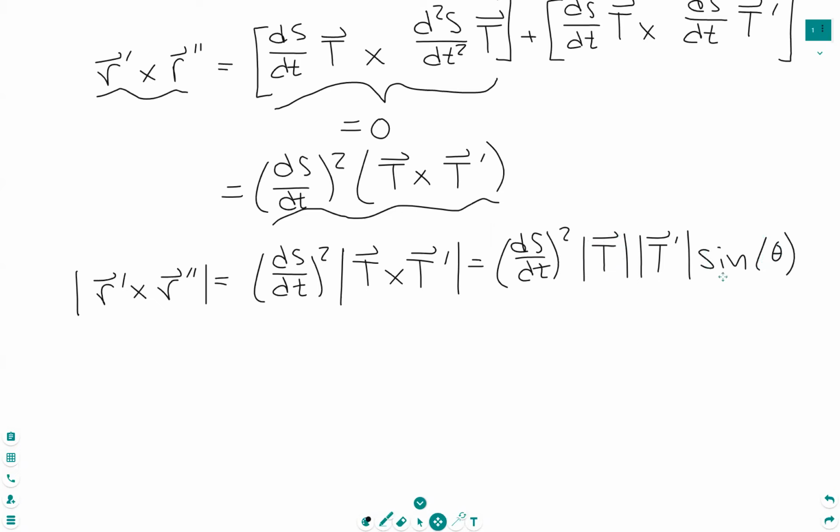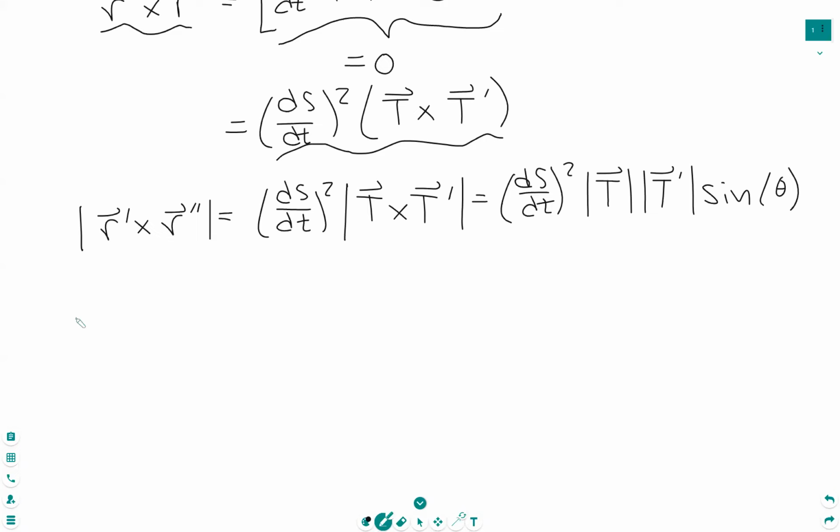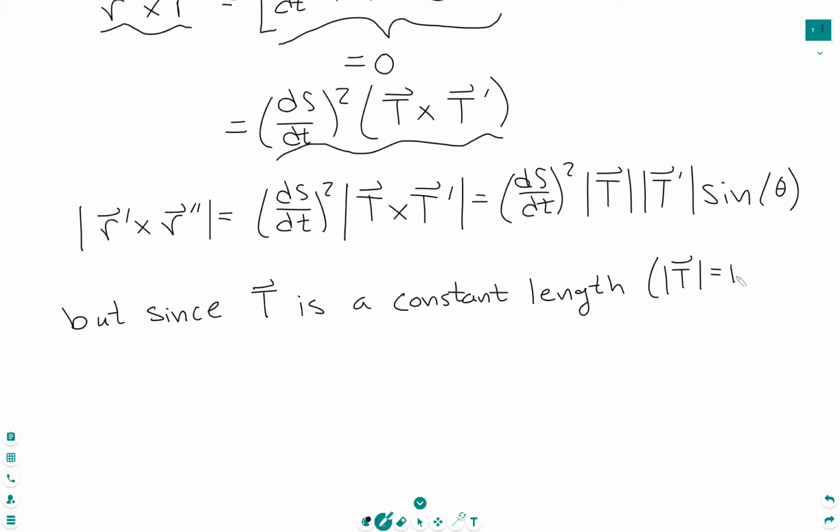We also know what this angle is, because if we recall from earlier, since the unit tangent vector is a constant length, that the magnitude is equal to 1, we know that it's orthogonal to its derivative.